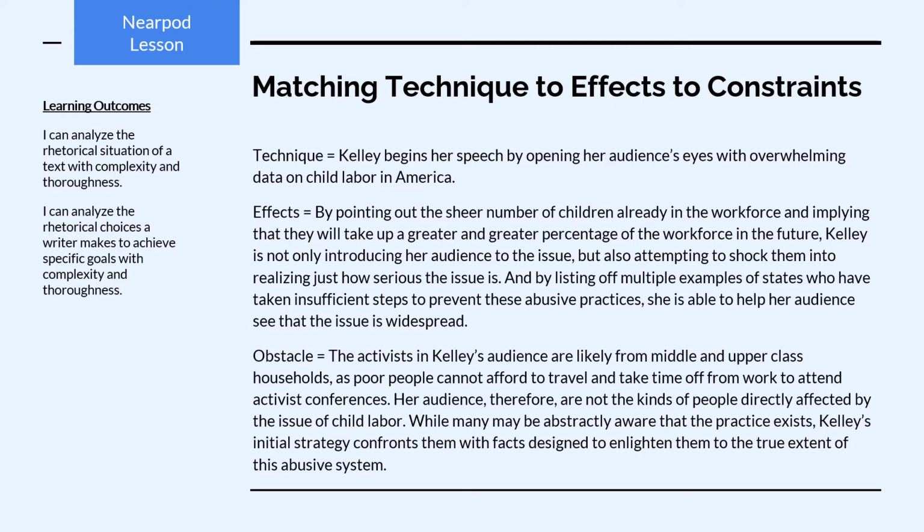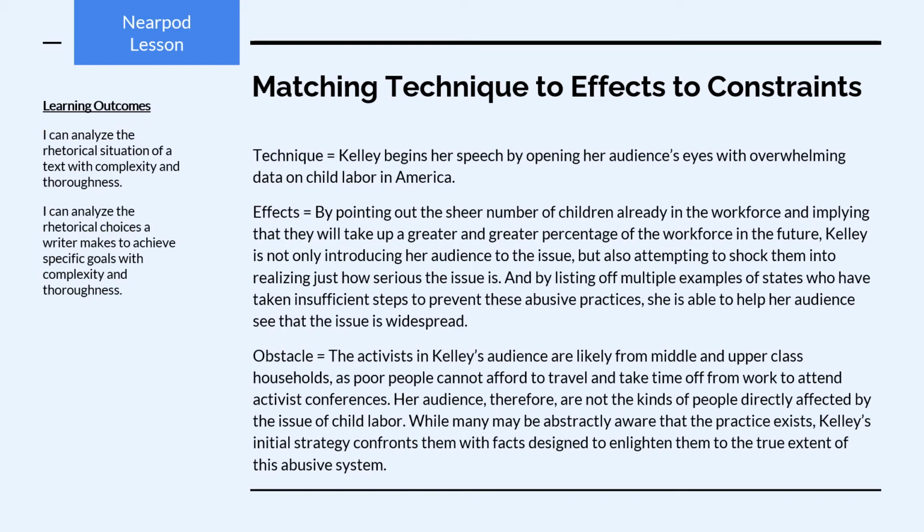I'm talking about helping them understand things, realize things. This is all pertaining to reason-based choices or logos choices. My obstacle as well connects a logos-based or reason-based obstacle. The activists in Kelly's audience are likely from middle and upper class households, as poor people cannot afford to travel and take time off from work to attend activist conferences. Her audience, therefore, are not the kinds of people directly affected by the issue of child labor.